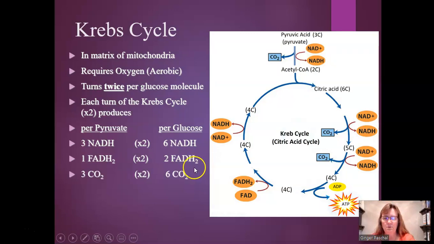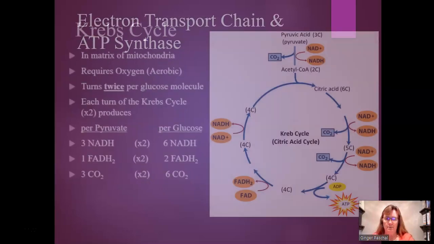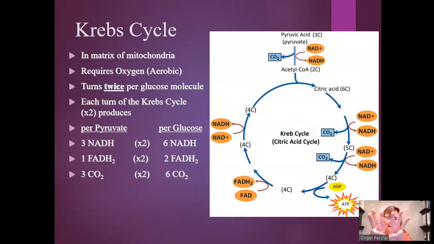We also get CO2. You remember glucose starts out with 6 carbons. When we break it apart, the pyruvates or pyruvic acids each have 3.